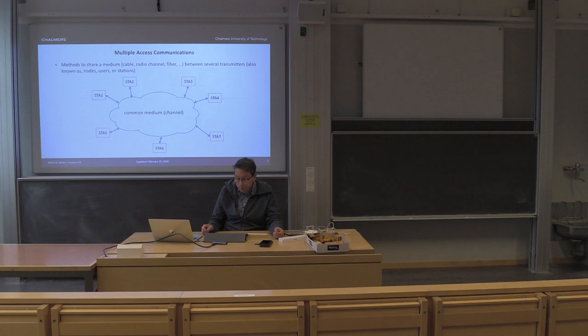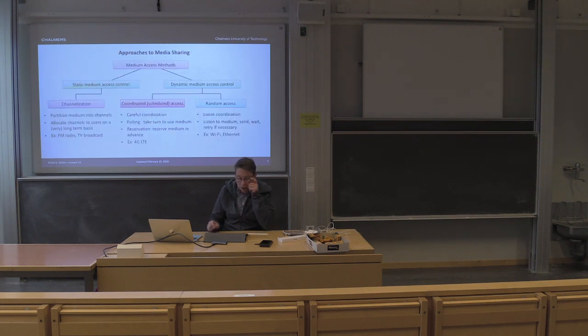So we haven't talked about this problem before. We just assume that we can transmit data over a channel, but all channels are in practice at some point shared among different users. So there are different approaches to this media sharing, and if we take all the multiple access methods we can think about, we can broadly divide them into two things, something which is static and something which is dynamic.